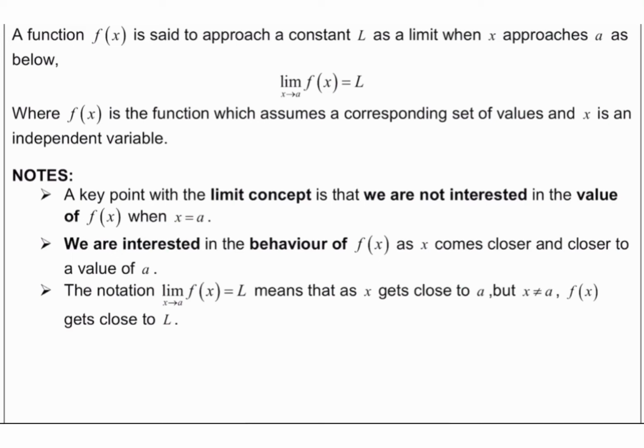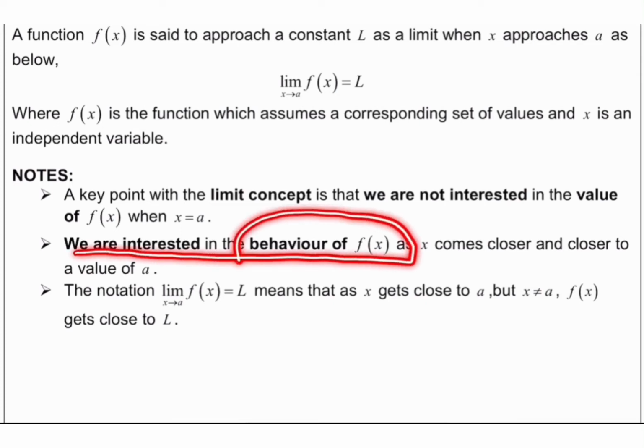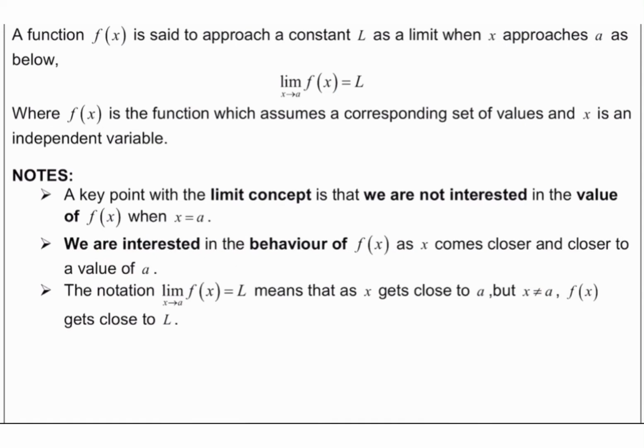So we are interested in the behavior of f(x). So yang kita nak adalah kita nak tengok behavior graph itu, behavior function itu bila x comes closer and closer to a value of a. Bila dia datang dekat dengan nilai a ni, apakah dia punya behavior f(x) itu.